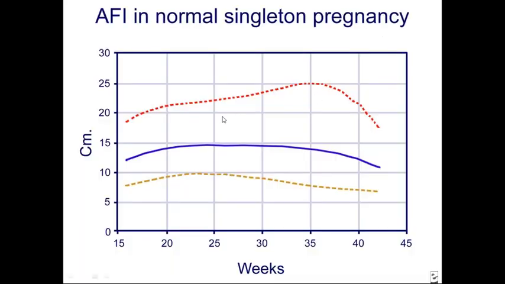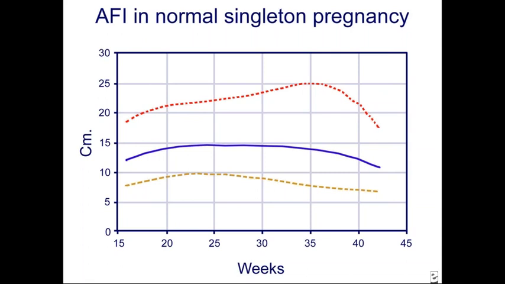Okay, I think this is better to explain that we need to draw the 10th and 90th percentile, because it's more relevant or more accurate when describing all the population. And we will not describe abnormalities except if we find that the amount of liquor is above the 90th percentile or below the 10th percentile.